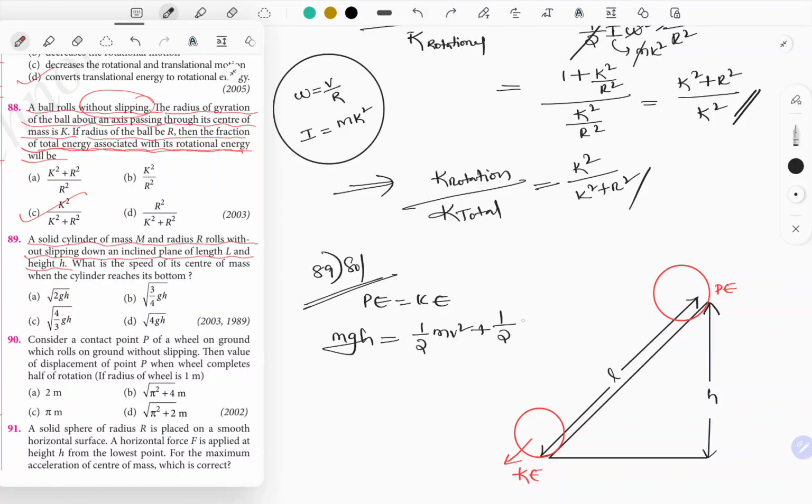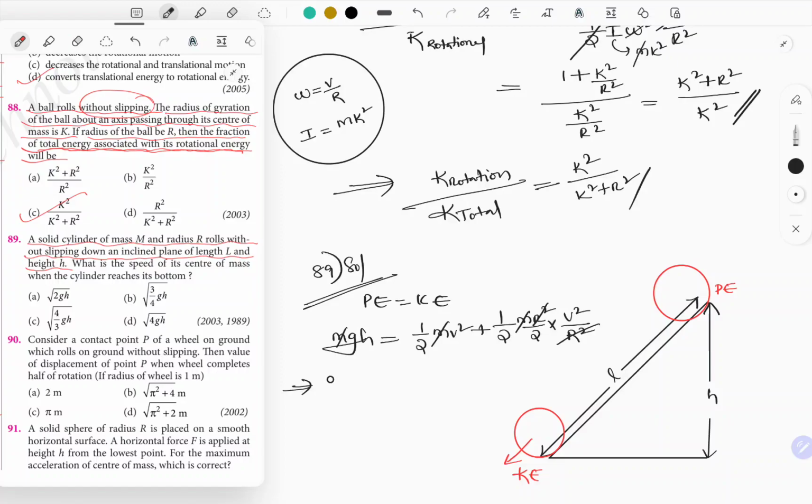Moment of inertia of a solid cylinder is m r square by 2, and omega square is replaced with v square by r square. R square will get cancelled, and m will get cancelled; v is what I have to find.